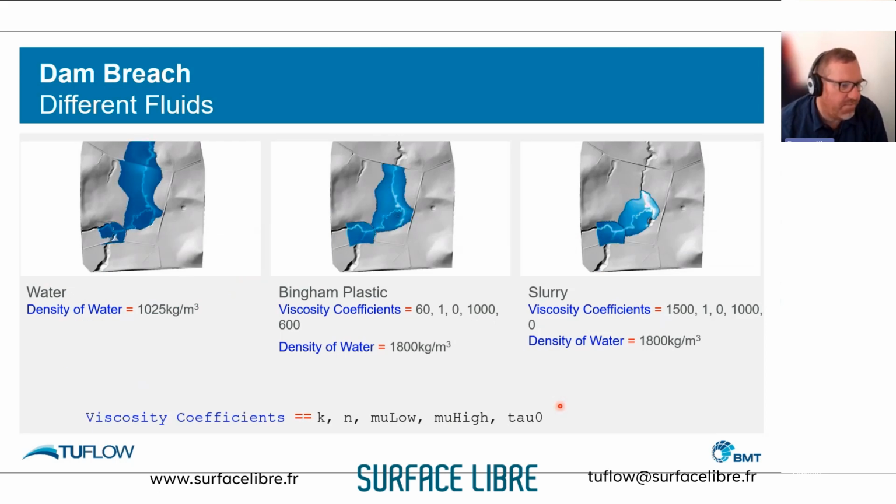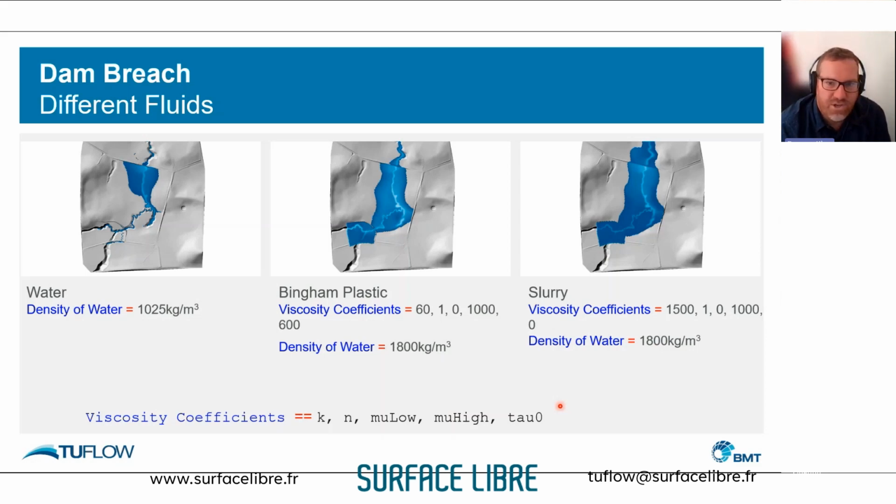So one of the applications of TUFLOW more recently is using non-Newtonian fluids. So mine tailing dams is a pretty hot topic after the Bernardino catastrophe a few years back. So we can represent fluids with different characteristics.